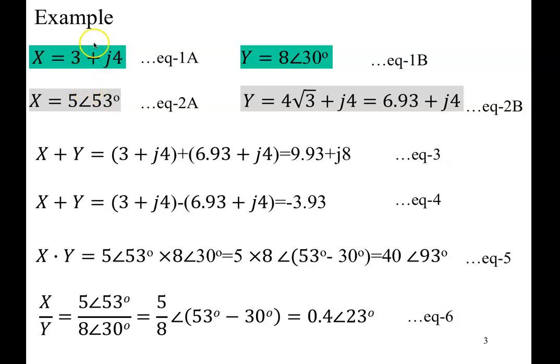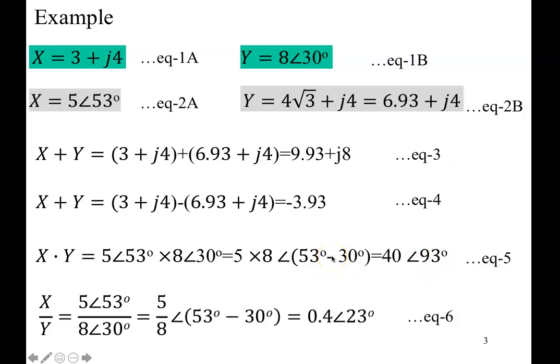Okay, so last time when we tried to do addition or subtraction, we need to convert this polar form into the rectangular form. Now, because I want to do multiplications, I need to convert this into the polar form. Now, x times y equals to this times that. So that's 5 times 8. That gives me 40. Angle 53 add to angle 30. That gives me 93. That should be add.